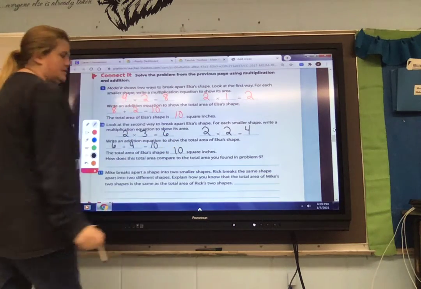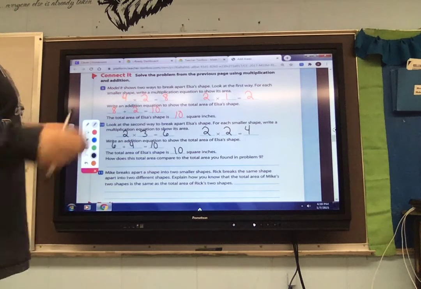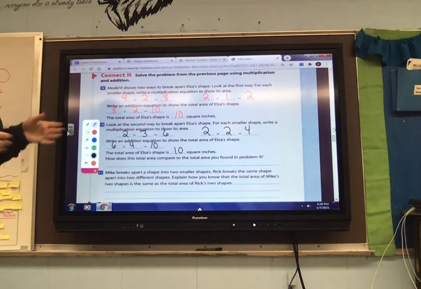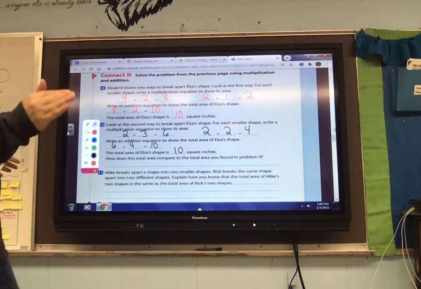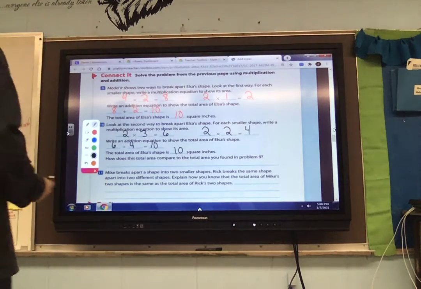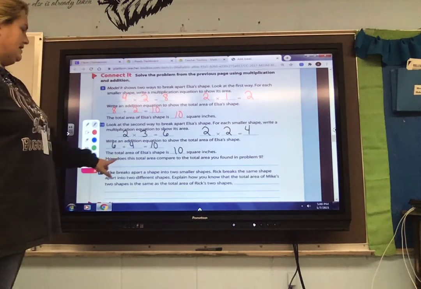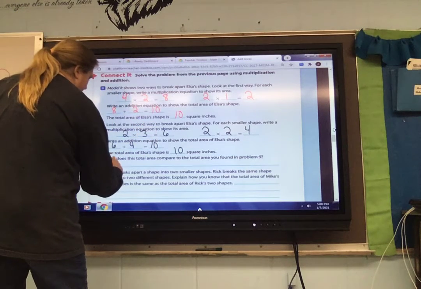Let's write 10 there as well. We get 10 for our area even though we broke them apart differently. Even though we separated them into different sized rectangles, we are still going to get the same total. So how does this total compare? Well, both totals are the same.